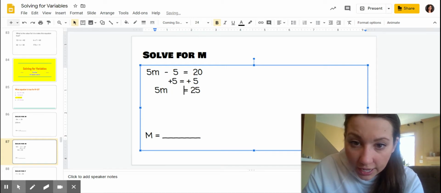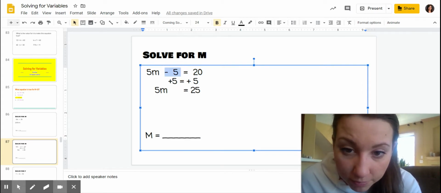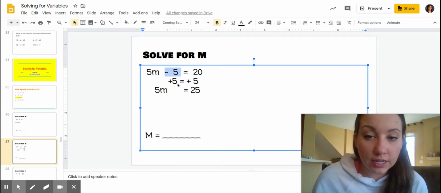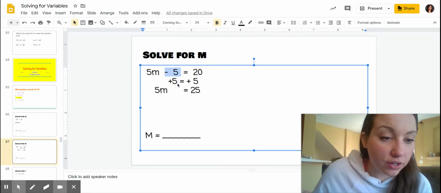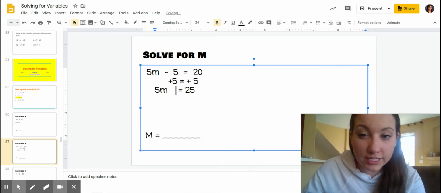Notice that I added the 5 to the 20 to make it 25, and negative 5 plus 5 zero each other out. And so I don't even have to list them down below. So I can say 5 times m equals 25.